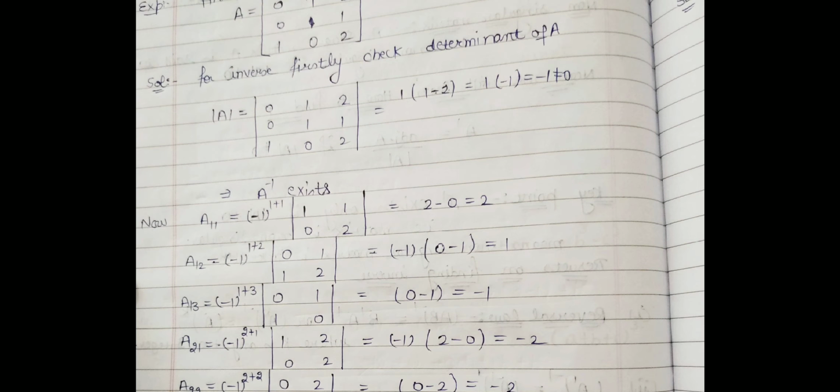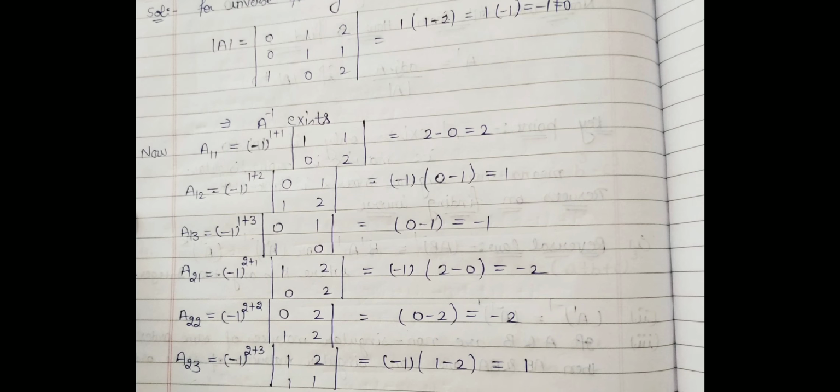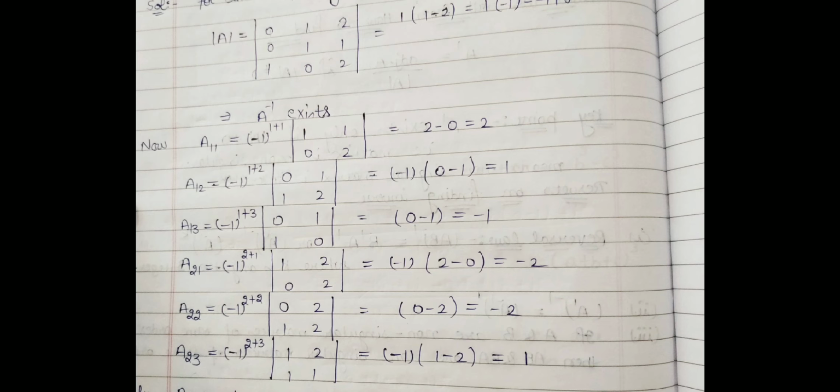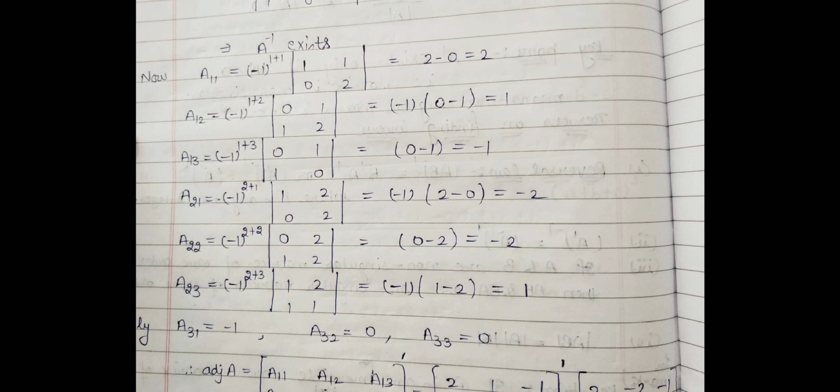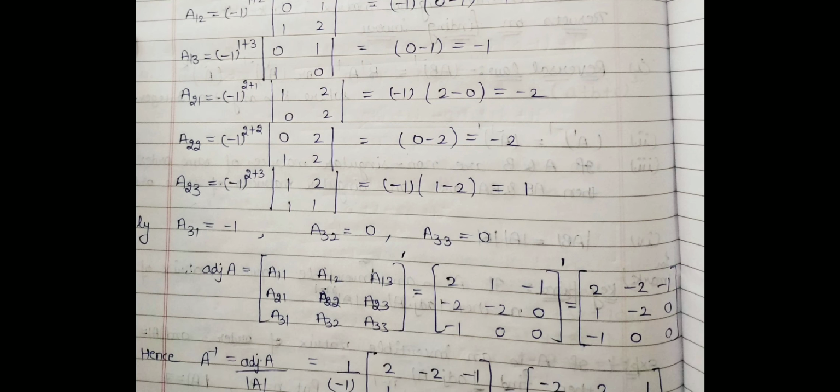Now for making the adjoint of matrix A, we will find the cofactors that we have learned in the previous exercise. For this, we will calculate the cofactor of every element: A11, A12, A13, A21, A22, A23, A31, A32, A33.